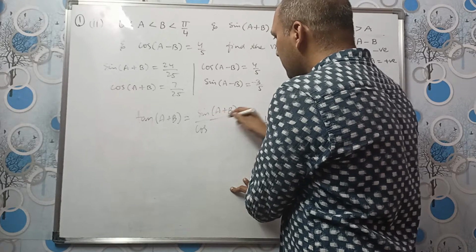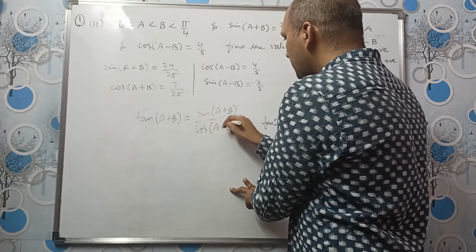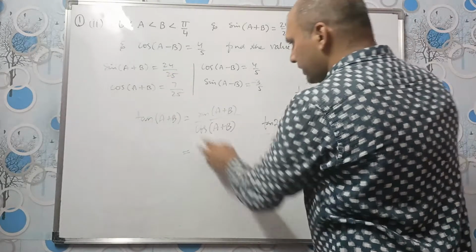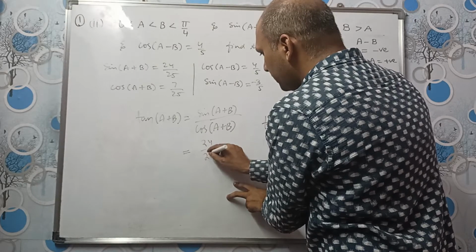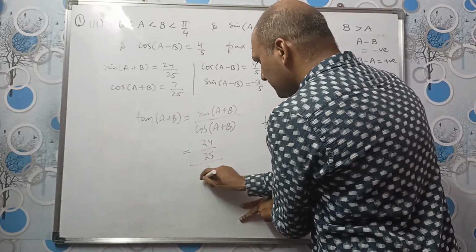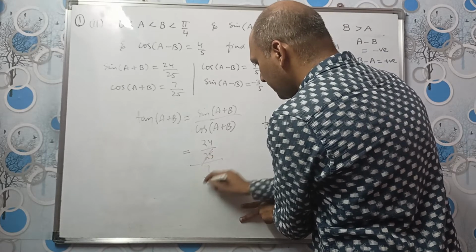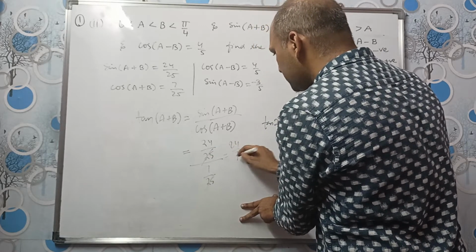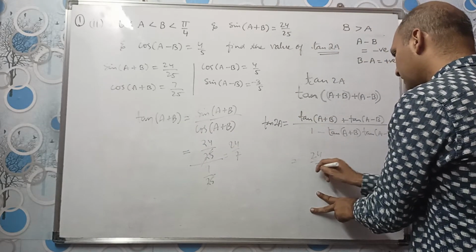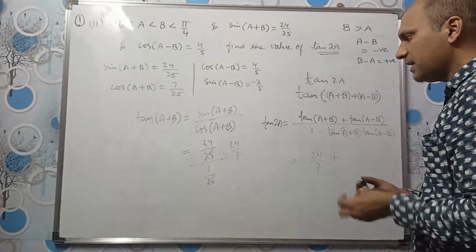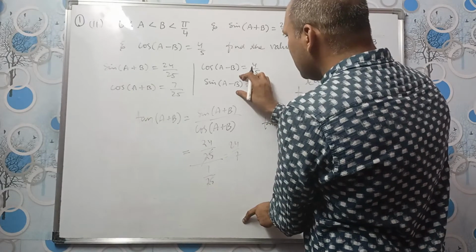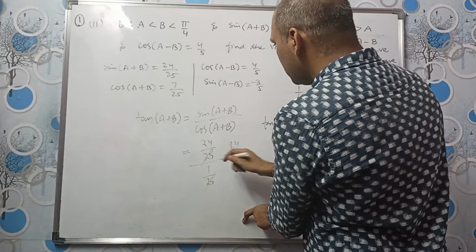What is sin(A+B)? 24 by 25 divided by cos(A+B), 7 by 25. So 25 will get cancelled. 24 divided by 7. So this is tan(A+B). So this is 24 divided by 7 plus tan(A-B).